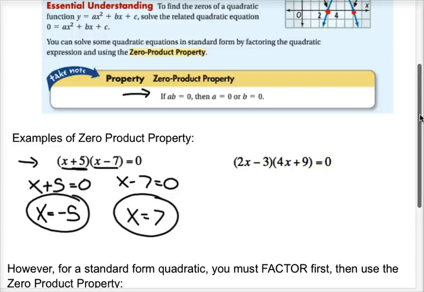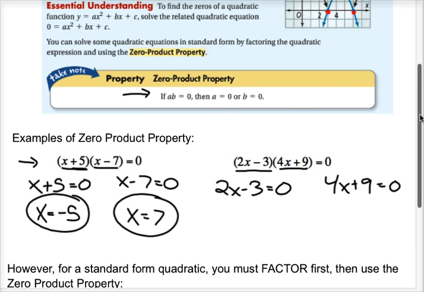Now, our next example is essentially the same thing. 2x minus 3 times 4x plus 9 equals 0. I'm going to take both of those pieces. I'm going to take that 2x minus 3, set it equal to 0. Then I'm going to take that 4x plus 9 and set it equal to 0. You take both parentheses and set them equal to 0. And now you solve them.